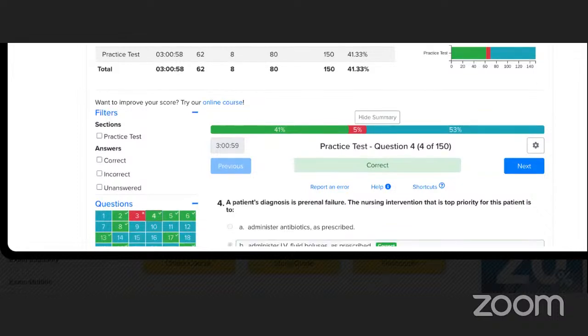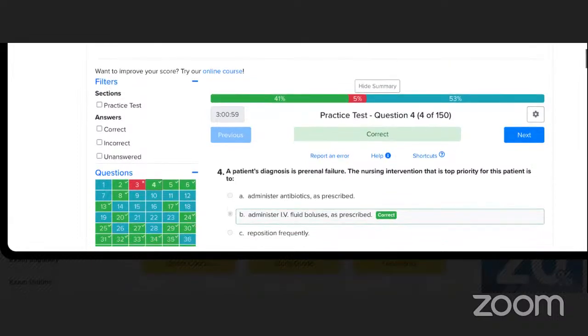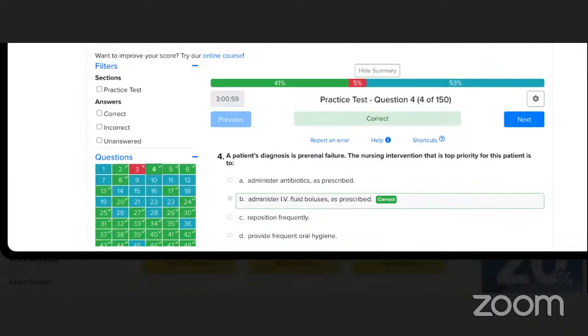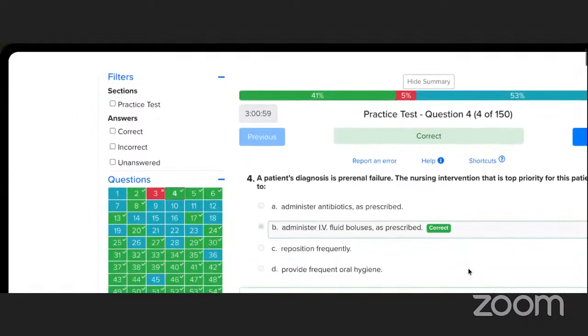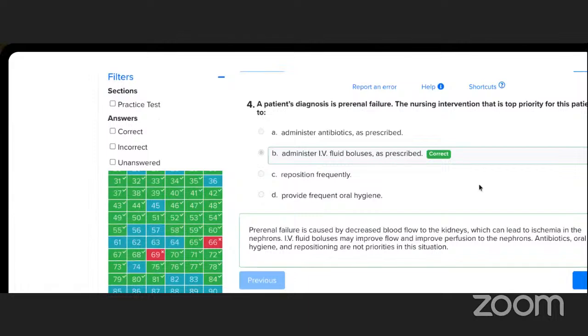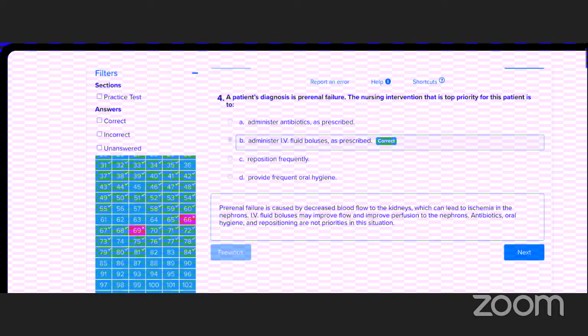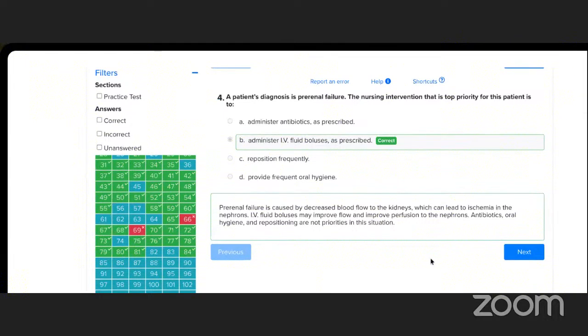Question four: a patient's diagnosis is pre-renal failure. The nursing intervention that is top priority for this patient is to do what? I don't know if at this time you want to do some note cards, but you could put the question number in your notes. The answer is B, administer IV fluids.